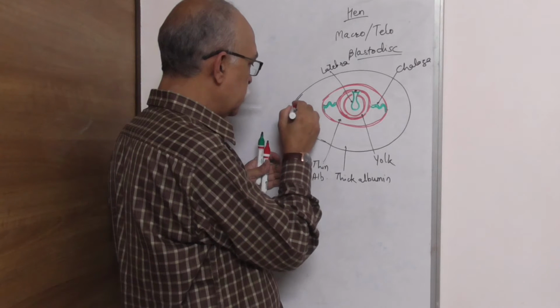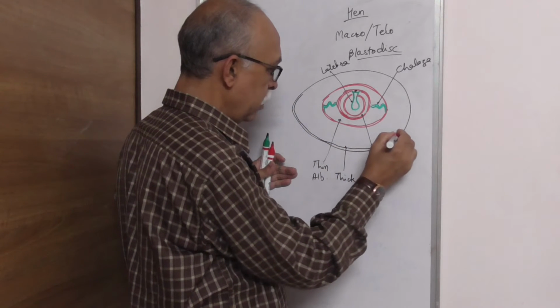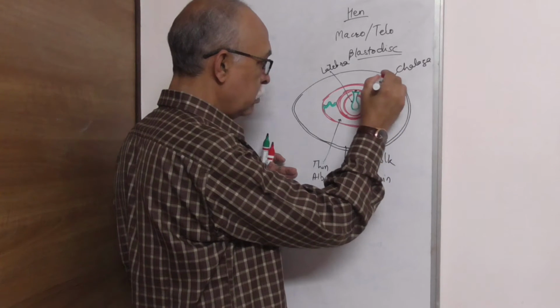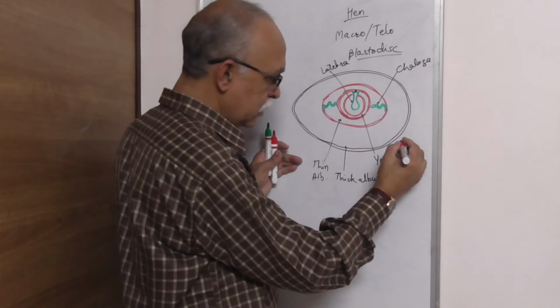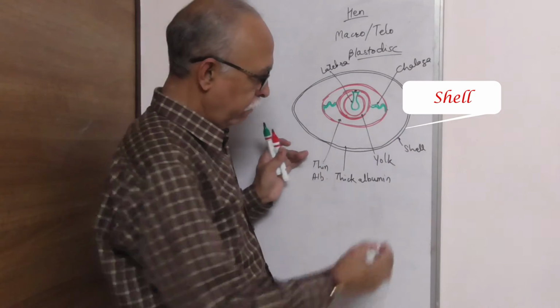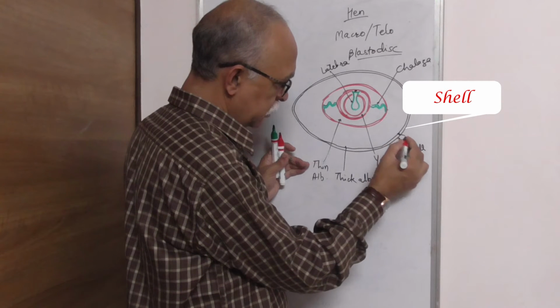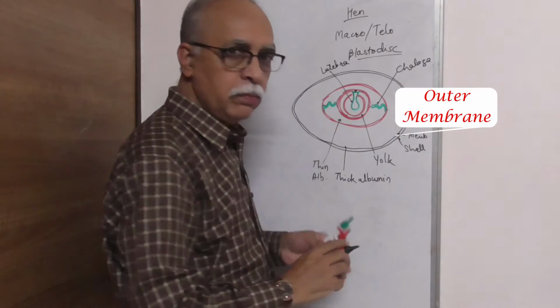Now here there is one more layer, a relatively thin porous layer would be a calcareous layer. This is a hard shell. This is a calcareous outer membrane.